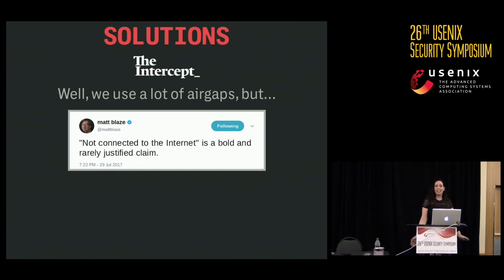And so for the Intercept, we use a lot of air gaps, but as Matt Blaze observes, "not connected to the internet" is a bold and rarely justified claim. So we do our best. We try to air gap them at a hardware level, but if anyone knows how to verify that a computer is definitely 100% for sure air gapped, please let me know, because I don't know.